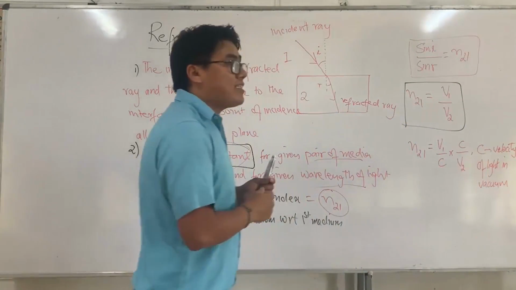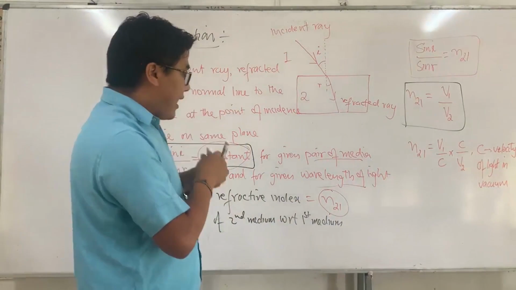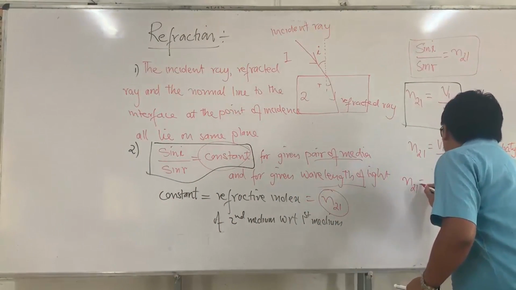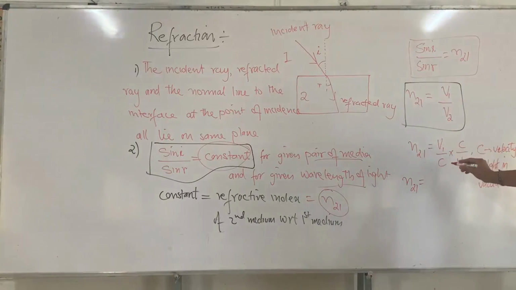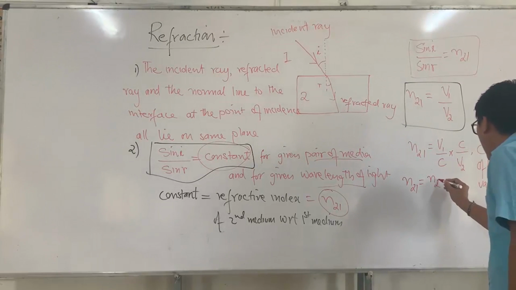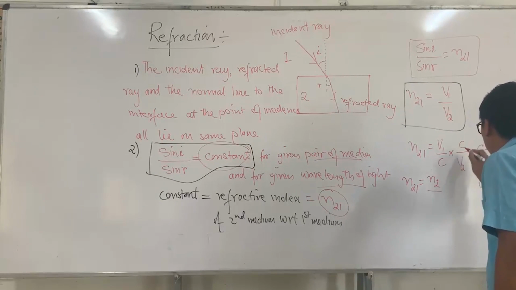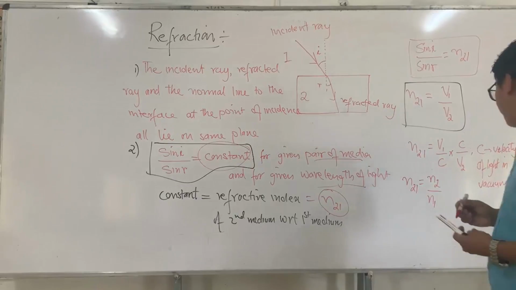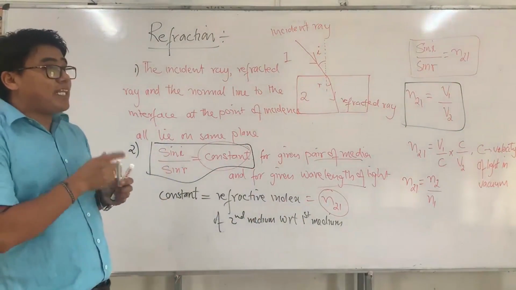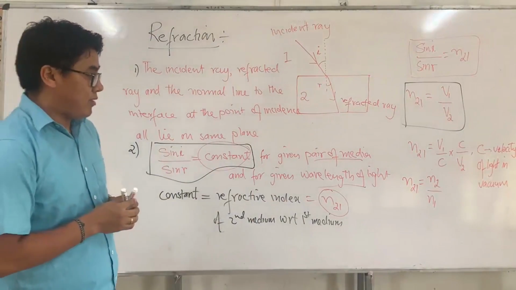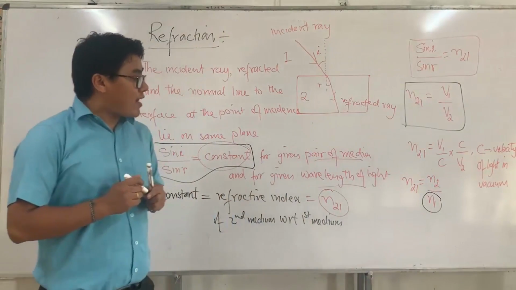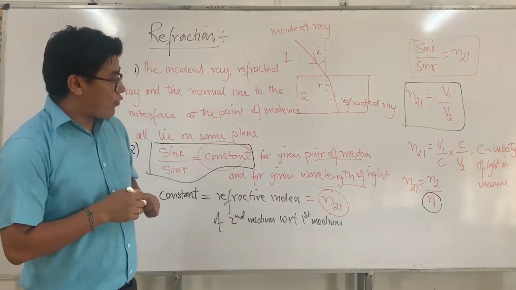If I choose first medium as a vacuum, then I will write this as N21 is equal to, what is that? V1 divided by, this is what we call as N2, and then divided by N1. So N2 is a refractive index of a second medium with respect to vacuum, and N1 is refractive index of a first medium with respect to vacuum.